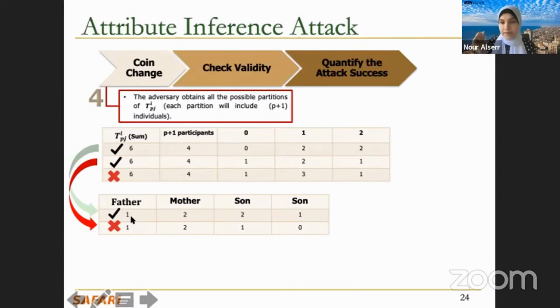Do you remember Mendel's law from the beginning? Then here he will use Mendel's law to validate the permutations we have. For example, if we have the father and mother with 1 and 2, going directly to Mendel's law, it's impossible to have the value 0.